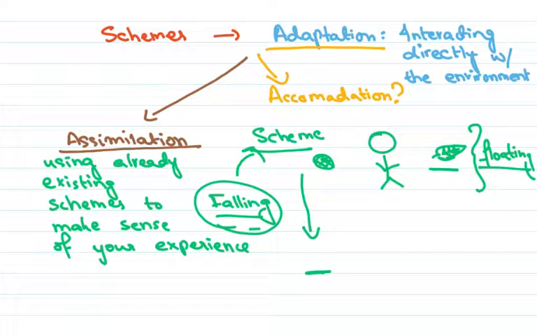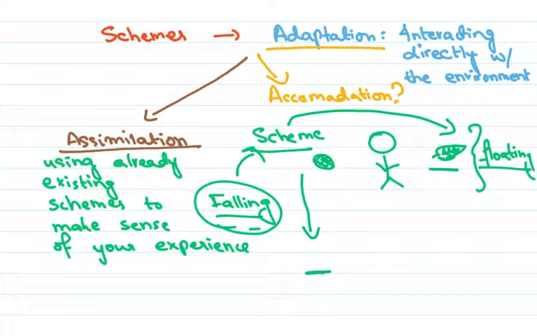Now, Rehan needs to make some change because this floating behavior isn't explained by his present scheme of falling. So he needs to make some change to a scheme here. He perhaps needs to create another scheme, which is that certain objects float if you release them from your grip.